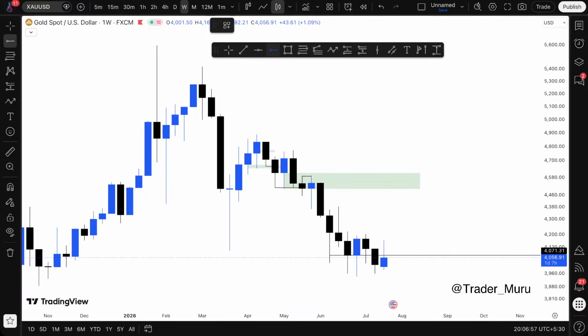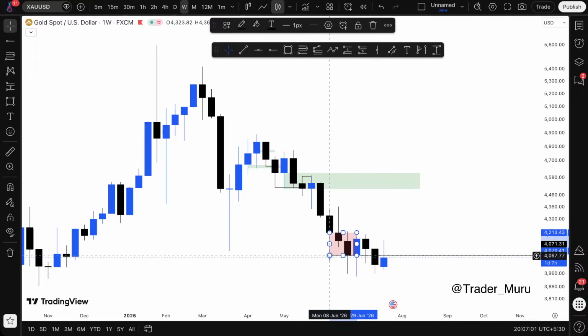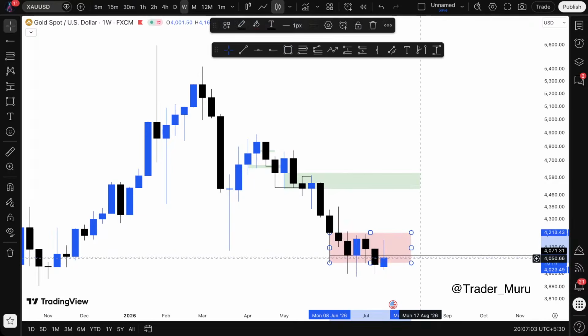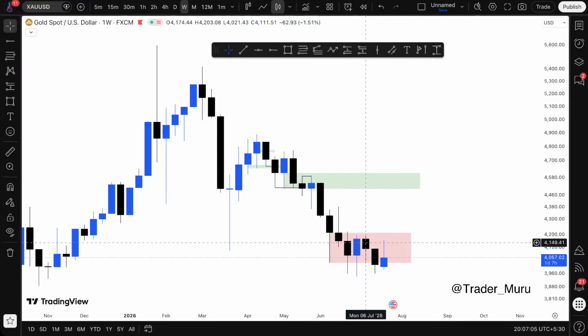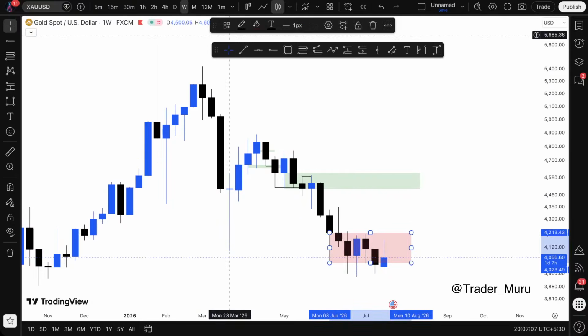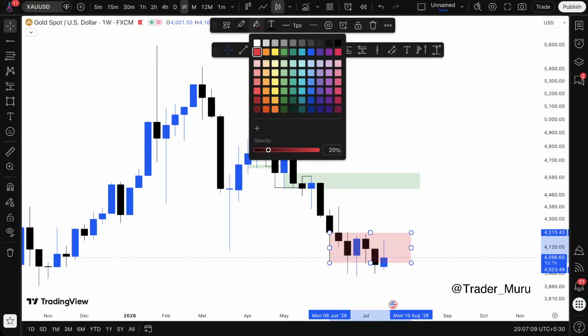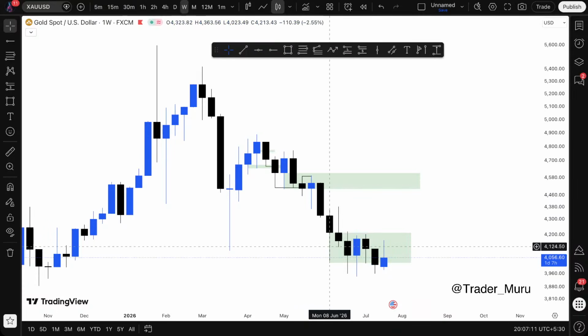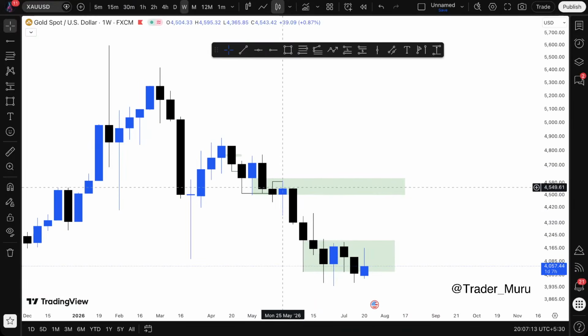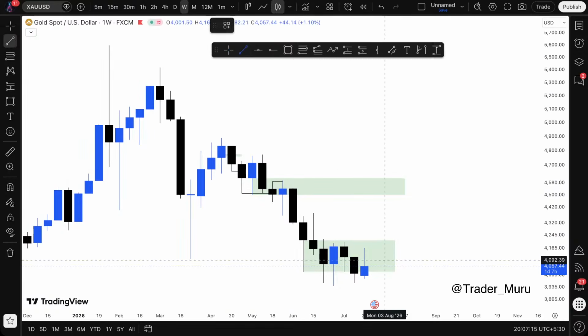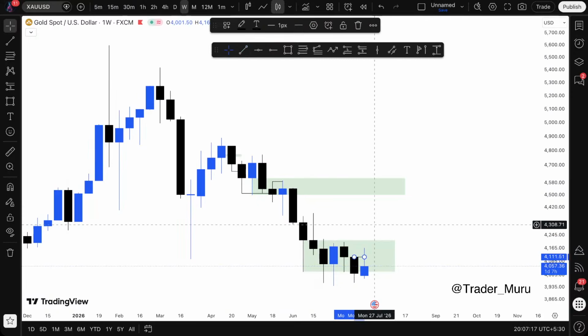So where is our weekly time frame supply? This is our full weekly time frame supply. This red zone, let me mark it in green so you can easily understand this. This green zone and this green zone are same. Now this high sweep and this high sweep is same.